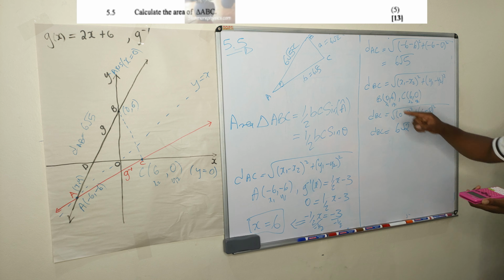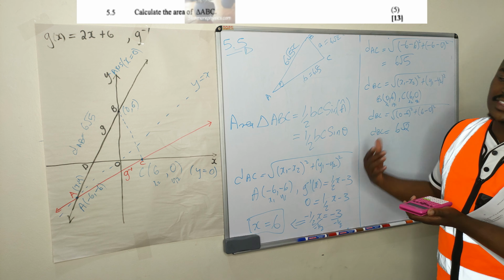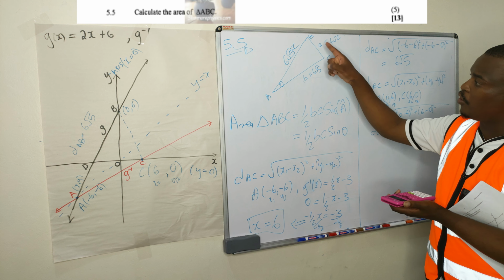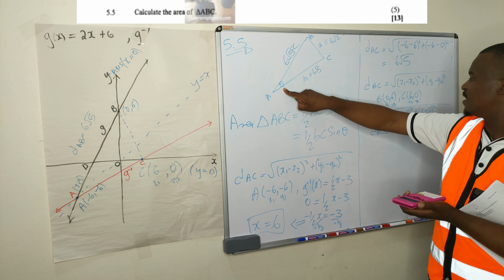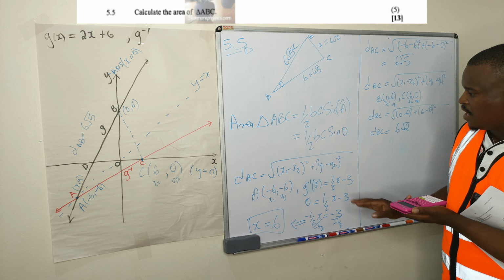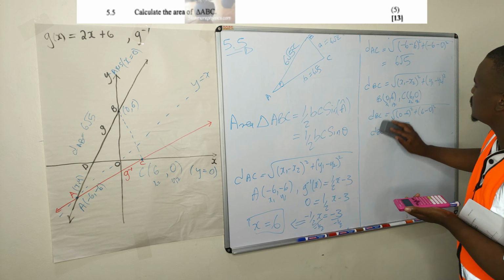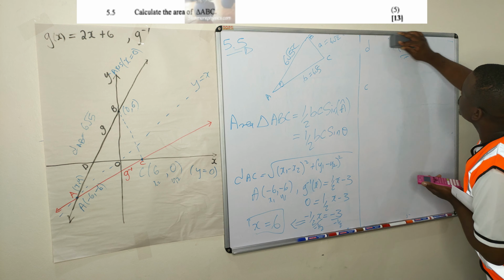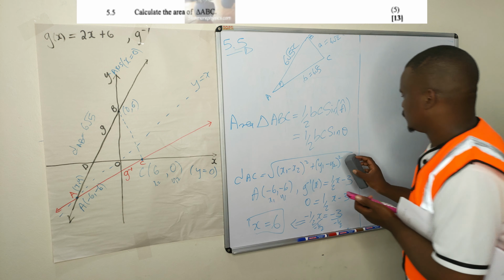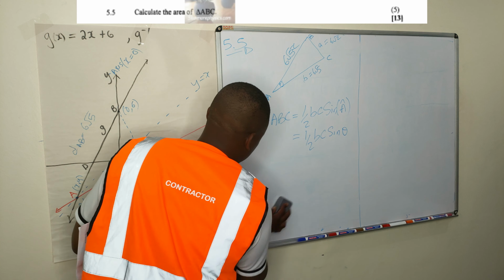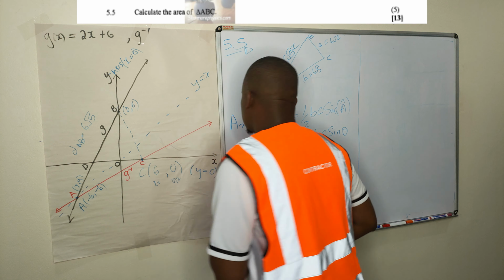So we completed this triangle now. We have all the distances. Now that we have all the sides, we want to find this angle here. I'm going to delete all the calculations that I made for distance so that we can have space. So I'm going to use the cosine rule.